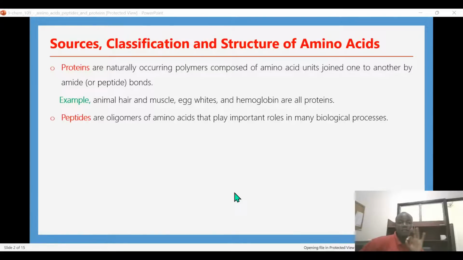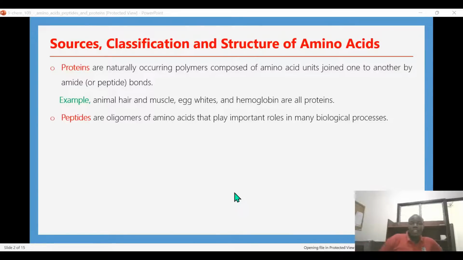But peptides are oligomers of amino acids. When we say oligomers, the number of amino acids found in a peptide is less than the number of amino acids found in proteins.